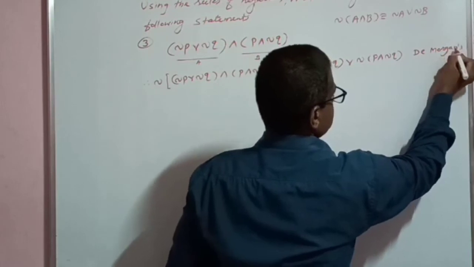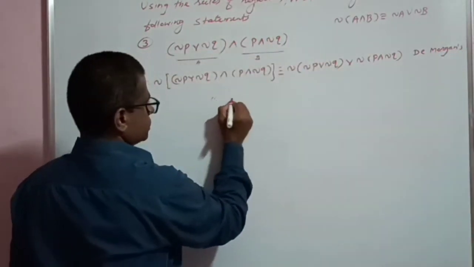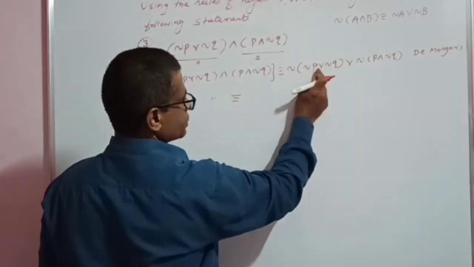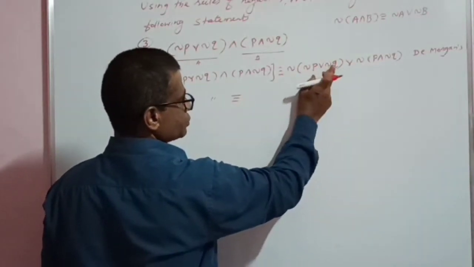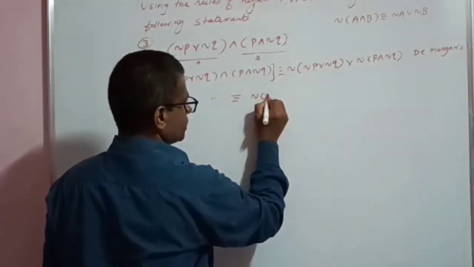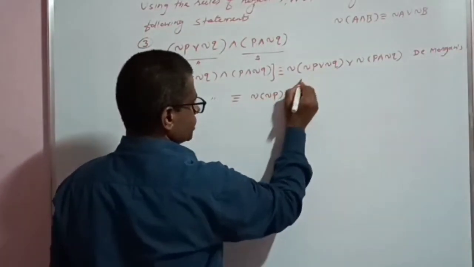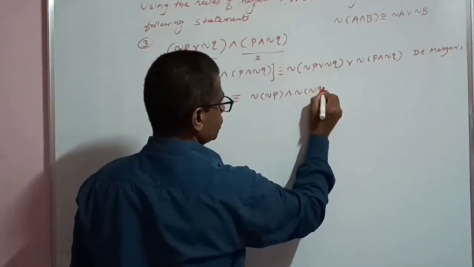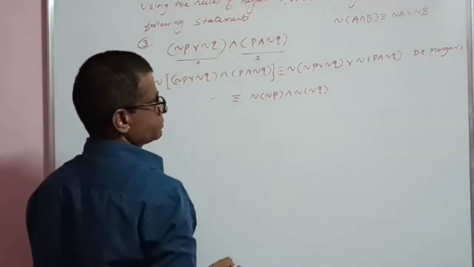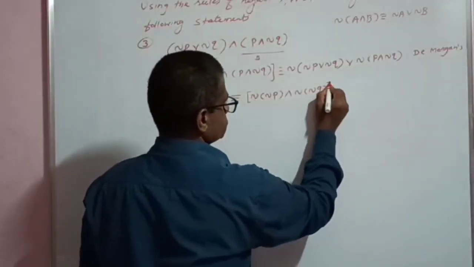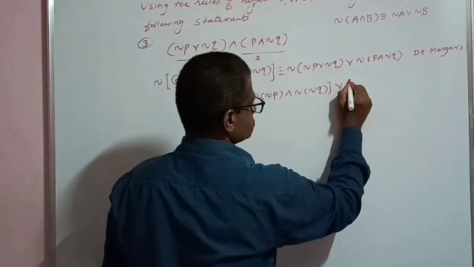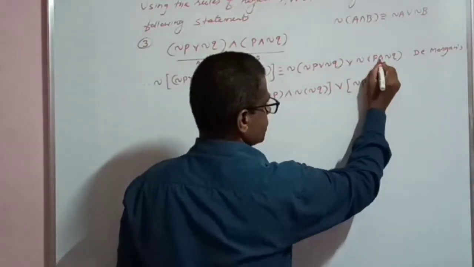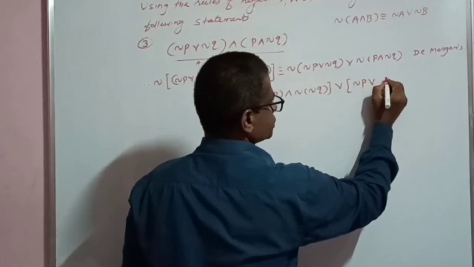Now again by using De Morgan's law, you have to take the negation of this disjunction of two statements. So negation of P, disjunction changes to conjunction, negation of Q. Then negation of P conjunction negation of Q, conjunction changes to disjunction.